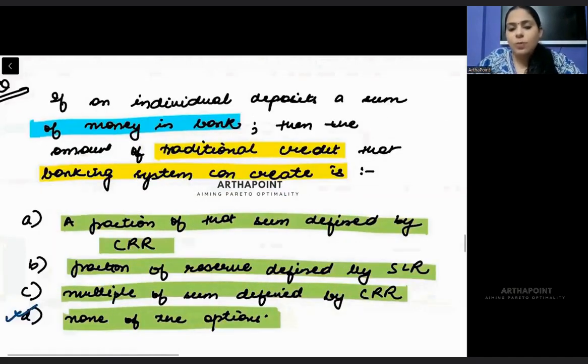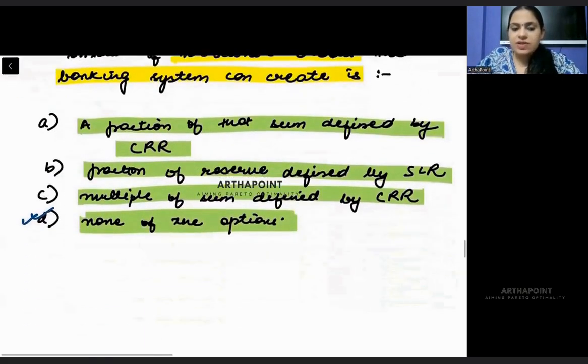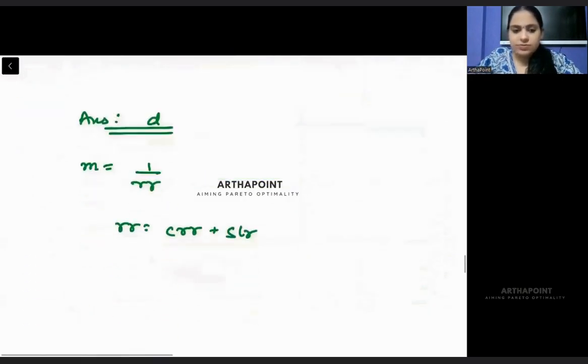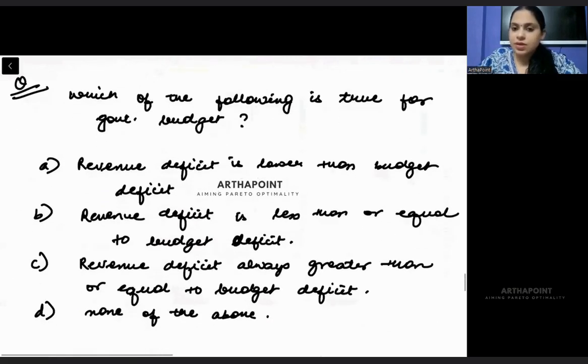But none of the options talks about it being a function of both. Either they are talking about CRR or they are talking about SLR. None of the options says that it is a function of both of them, right? So therefore the answer will be D, none of the above. Okay, read the next question, beta.